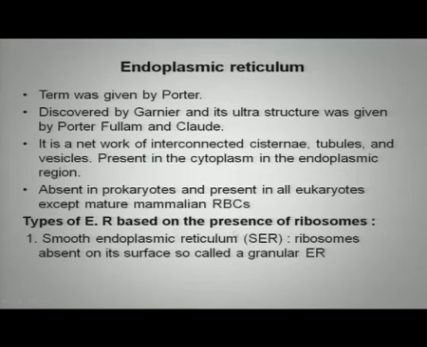Now, coming to the types of endoplasmic reticulum based on the presence or absence of ribosomes. The first category is smooth endoplasmic reticulum, for which we use the abbreviation SER. Ribosomes are totally absent on its surface, so it is an agranular endoplasmic reticulum.